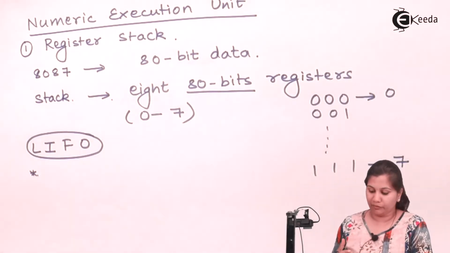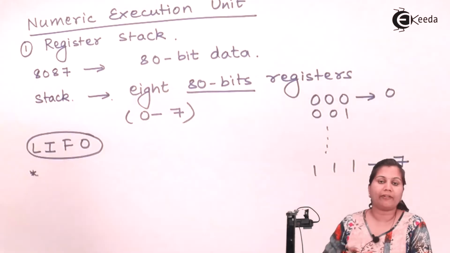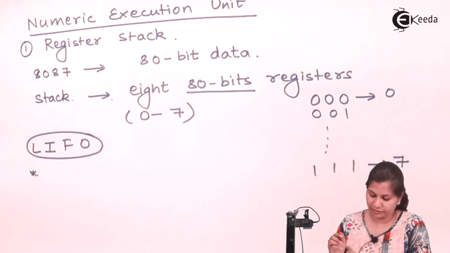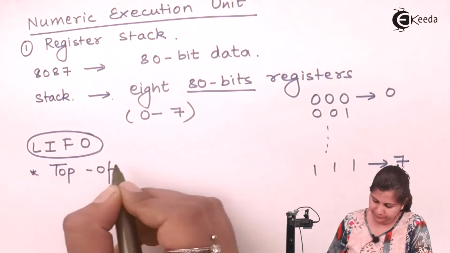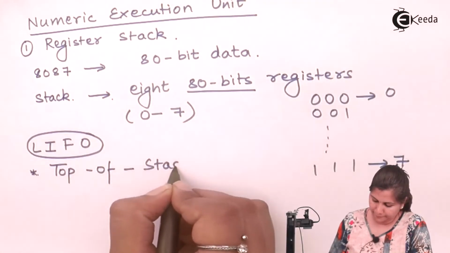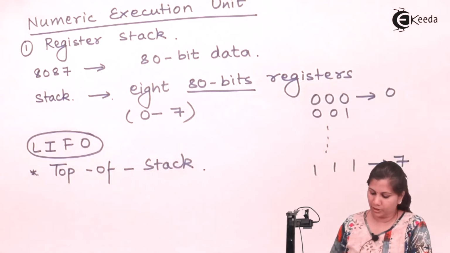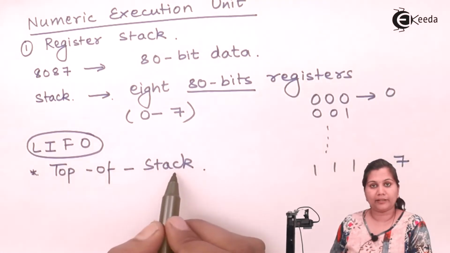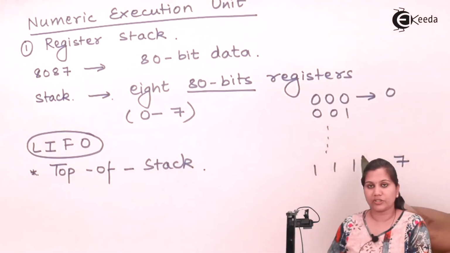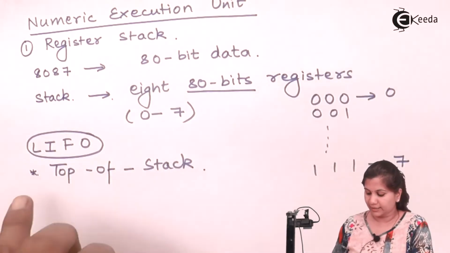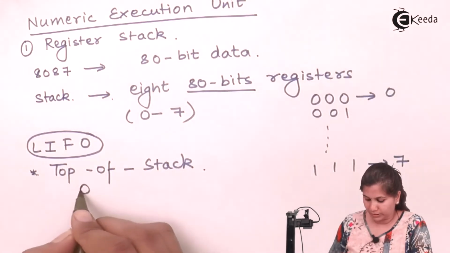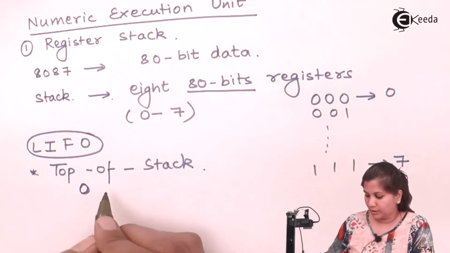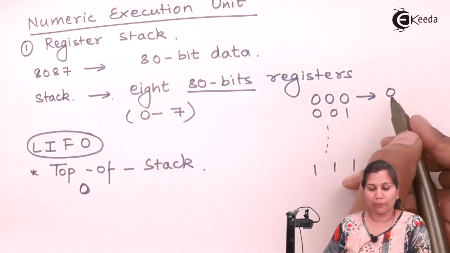So last in, first out concept is used here. Now every time we want to use this stack, we have to initialize the stack, which is done by the top of stack bit. Okay, and this top of stack bit holds the number of the register which is the TOS, that is top of stack. Suppose that this is at 0, it means that this 0 register is the top of the stack.